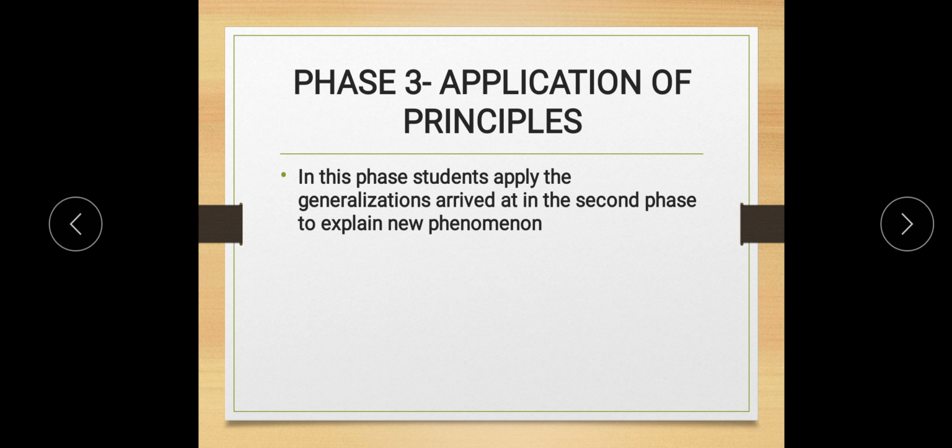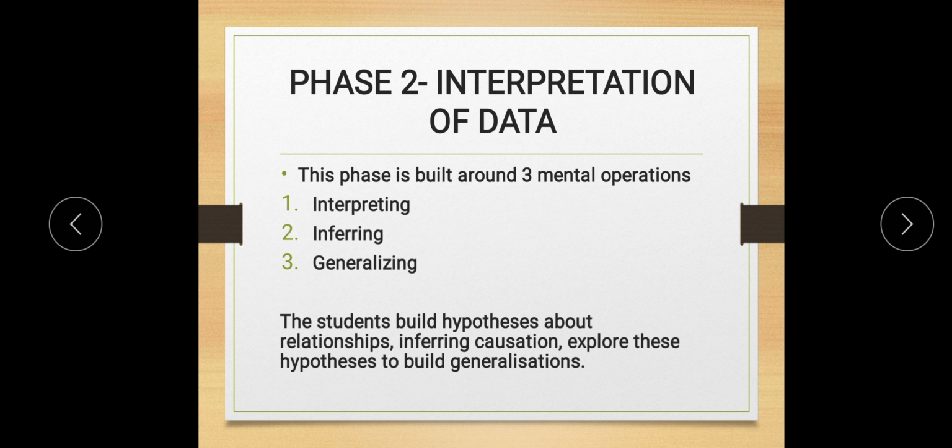So if you look at all these three phases, in the first phase we discussed how the concept is formed, wherein they enumerate, group, and label the categories. In the second stage, which is about interpretation of data, they interpret what can be the relationship at the mental level, then they infer what can be the relationship at a general level, as in they summarize it there.